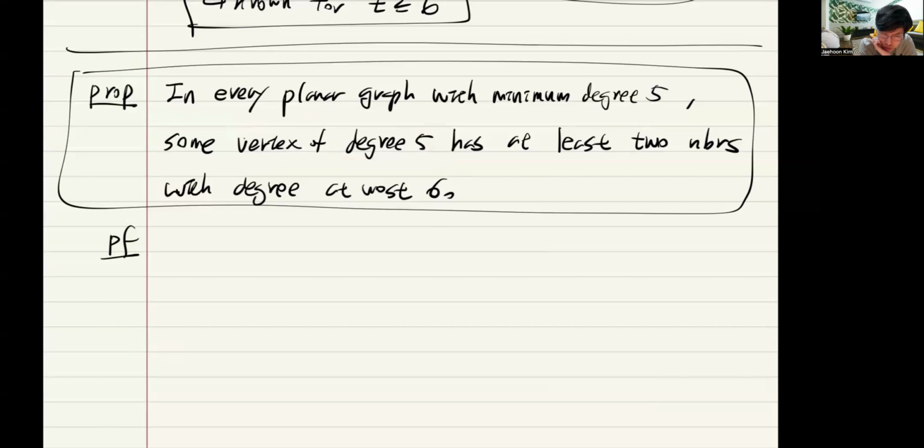That's how we want to prove it. And one of the things we know is that the graph G is 5-degenerate. And how did we prove this 5-degeneracy? We use Euler's formula to deduce that the number of edges is at most 3n minus 6. So Euler's formula guarantees that your planar graph cannot be too dense. So we want to use Euler's formula.